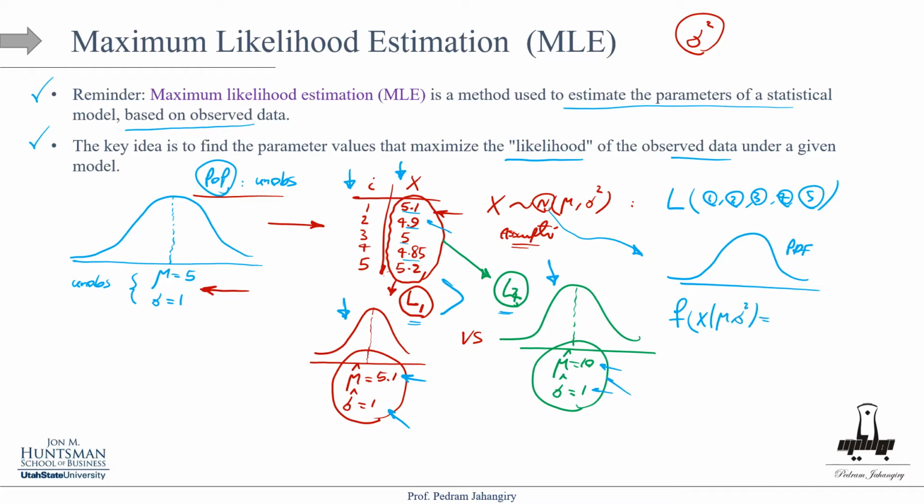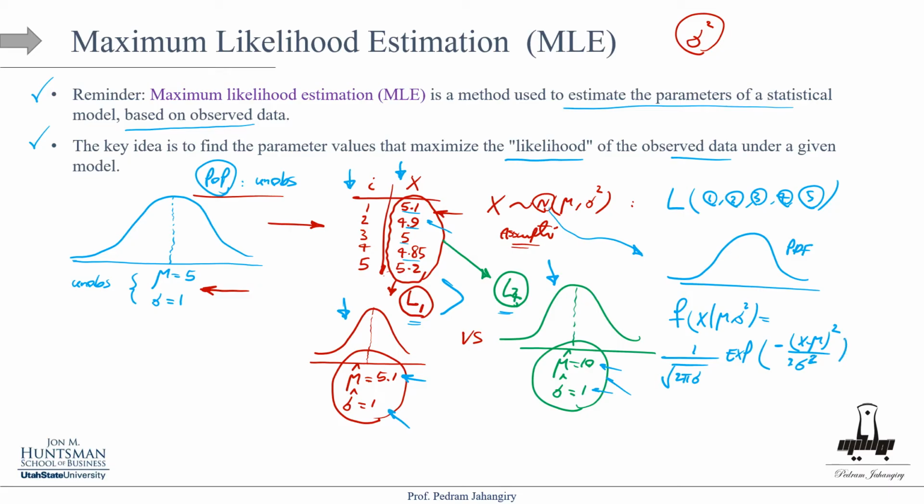So you have seen this formula before, hopefully. So 1 divided by the square root of 2 pi sigma squared, and then e to the power of minus (x minus mu) squared divided by 2 sigma squared, right?